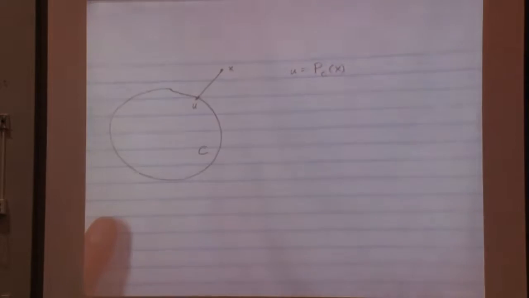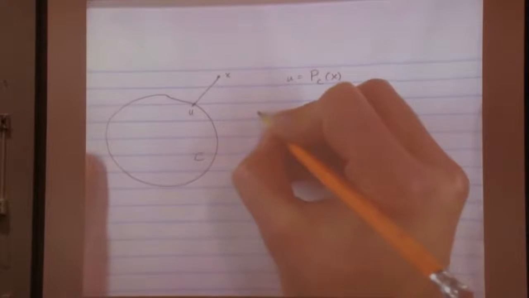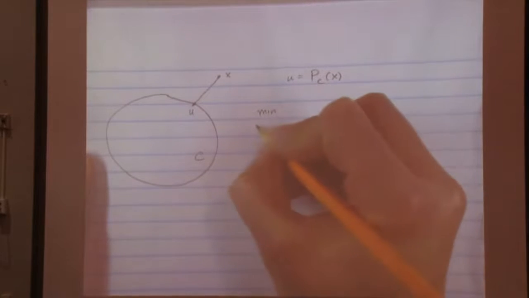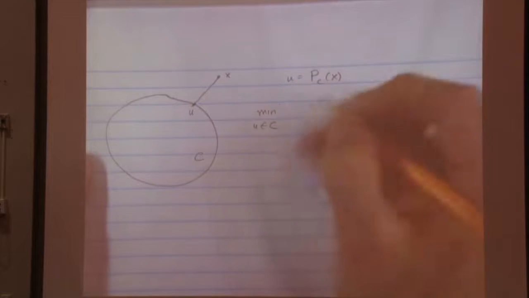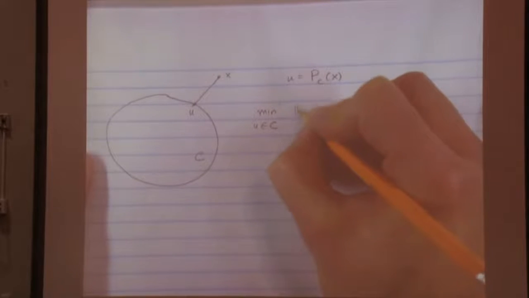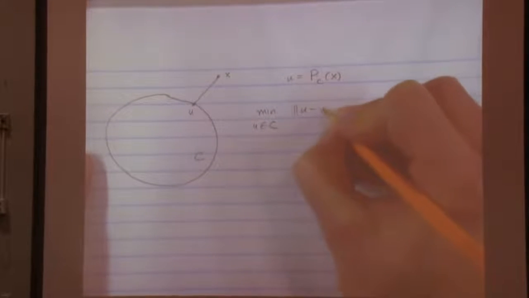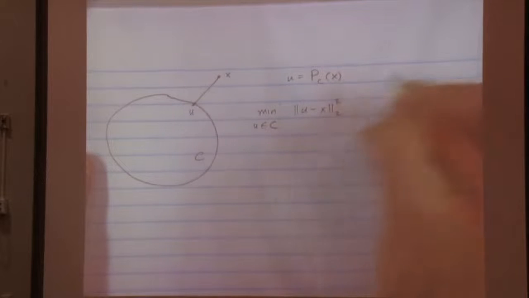That's how we're going to write it. In other words, U solves this problem: minimize over all U in the set C the squared distance between U and x. We don't need to worry about the square. I could have just put the norm there too.